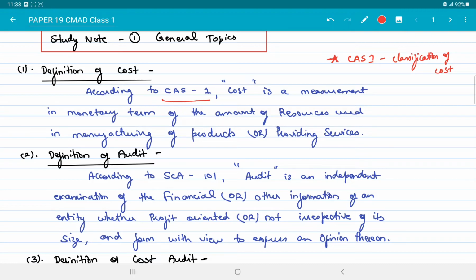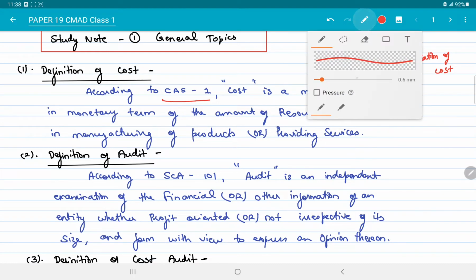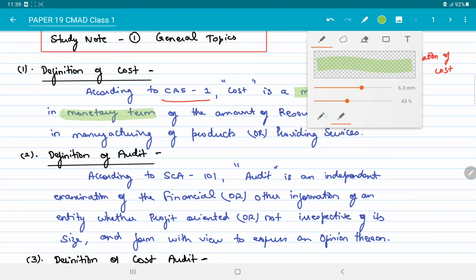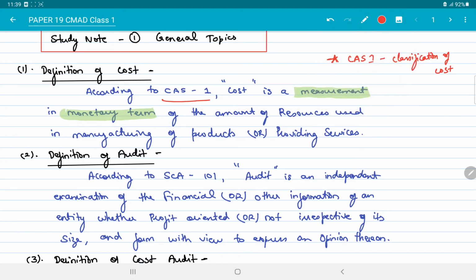So according to CAS 1, cost is a measurement in monetary terms. Monetary terms means money. It is a measurement in money.